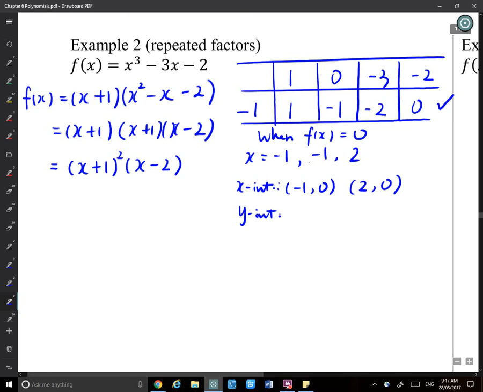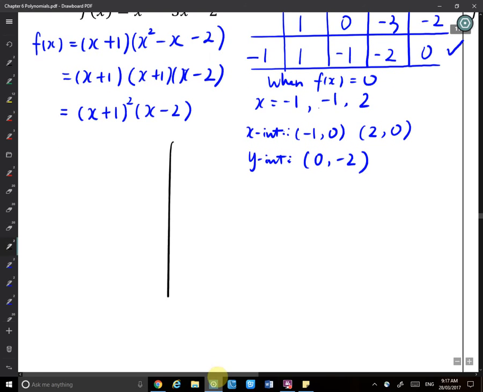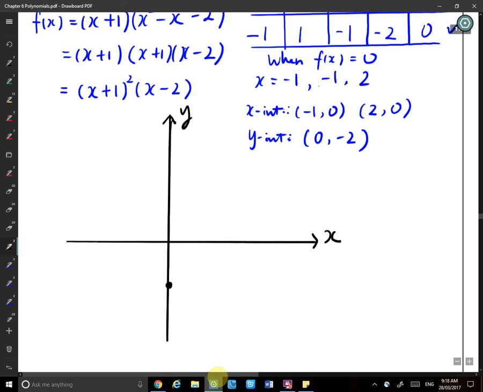What's the y-intercept? 0, negative 2. Okay, the y-intercept is that. Let's put it here. 0, negative 2, negative 1, 0, and 2, 0.